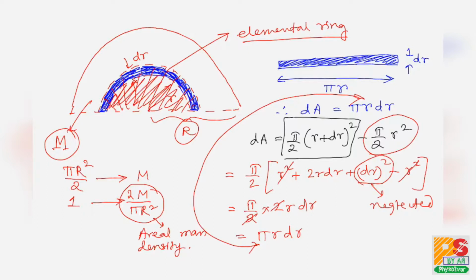Suppose I name it rho. Okay, rho is the areal mass density.